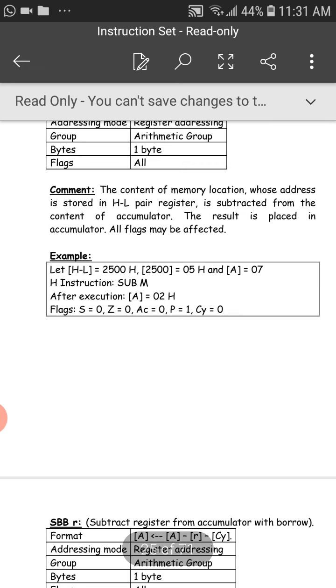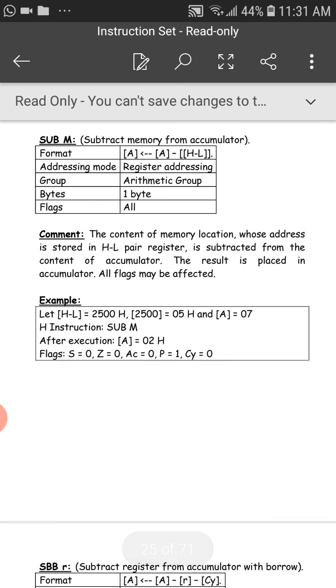So the example is the HL pair contains 2500H, the data at that location is 05H, and A contains 07H. So after executing this instruction, the accumulator contains 07 minus 05, that is 02, and flags are affected according to the result.